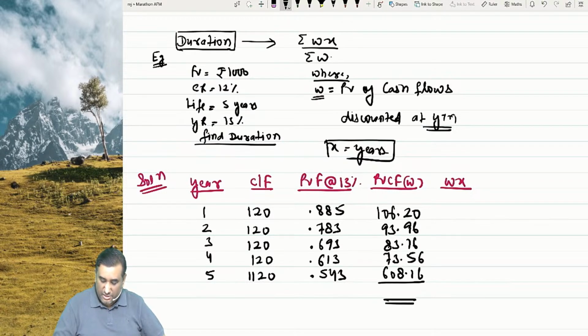This is nothing but the intrinsic value, and then you multiply by the year. What is the total coming?